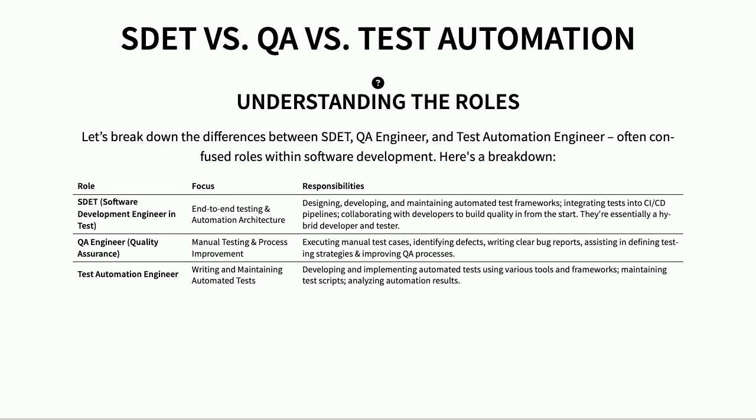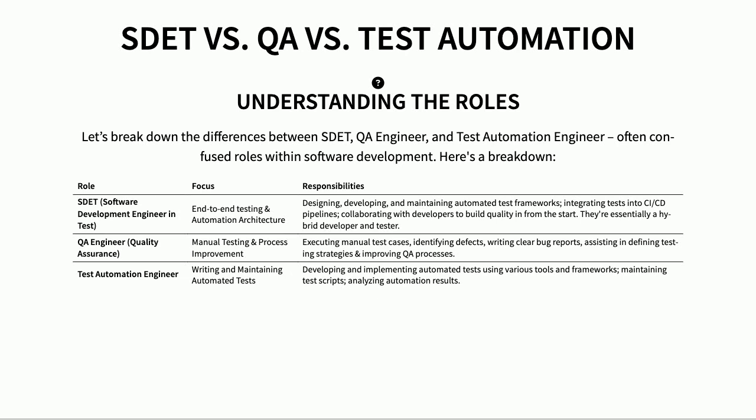Okay, so let's talk about how these roles often get mixed up. Think of QA engineers as the folks who are primarily focused on finding bugs through manual testing and ensuring processes are solid. They are experts in writing detailed bug reports and figuring out how to improve testing overall. Then you have test automation engineers. They concentrate on building those automated tests themselves, making sure they run smoothly and reliably.